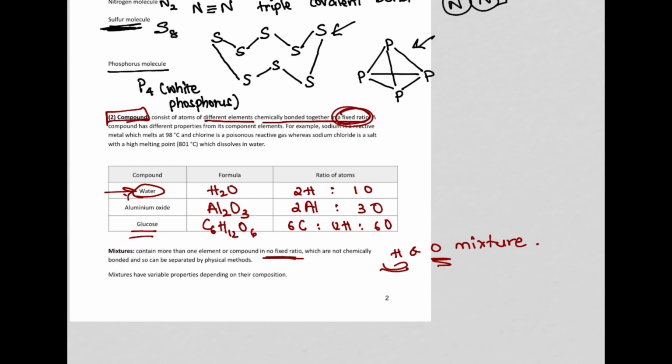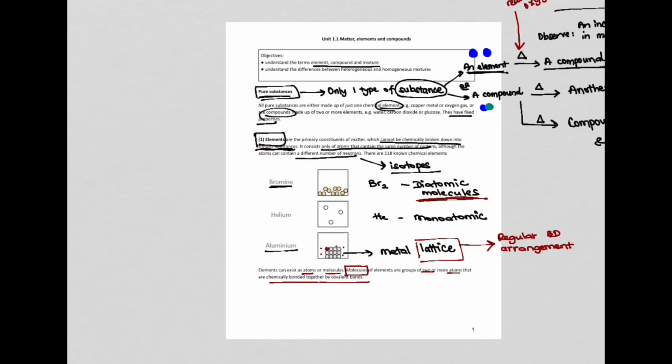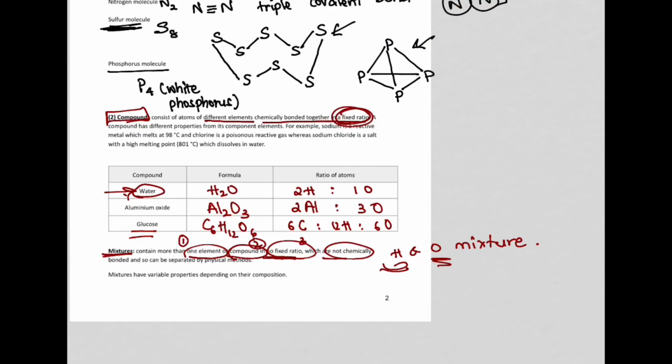Mixtures now will contain more than one element or more than one compound without any fixed ratio, not chemically bonded. So there are 4 conditions to satisfy for a mixture: more than one element, or element and compound, or more than one compound; no fixed ratio; not chemically bonded; and they can be separated by physical methods.